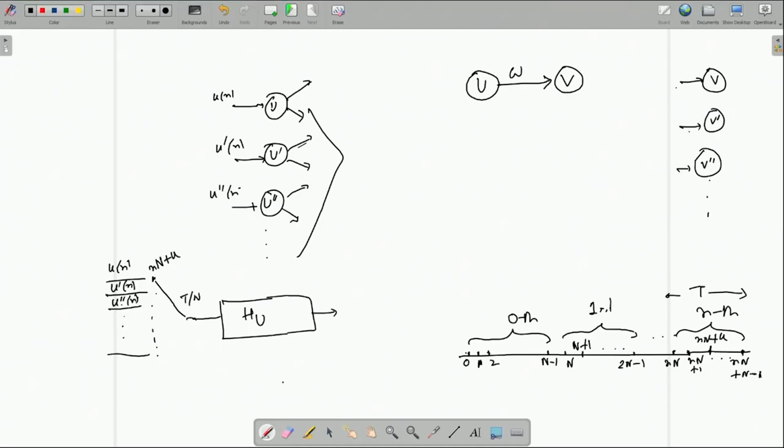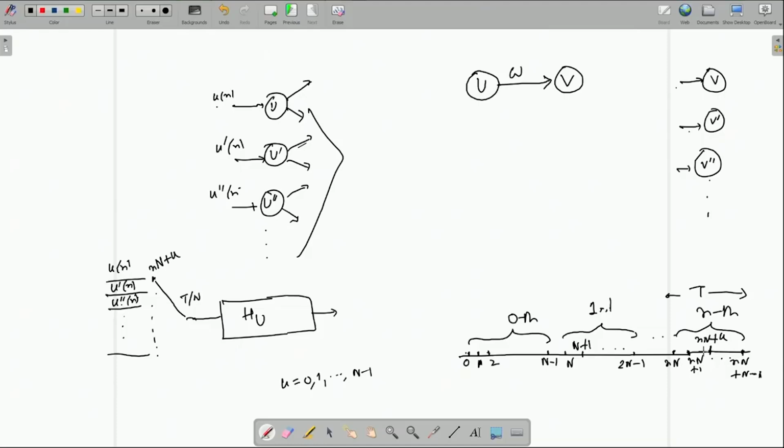Small u can be either 0, 1, and so on, up to N minus 1. In the figure it is general. So at nN plus u, this switch touches this, which means that hardware unit will take up the job of u, because the input u n is touched by this hardware unit. It will take up the job of u, not of u prime or u double prime, at that system clock.